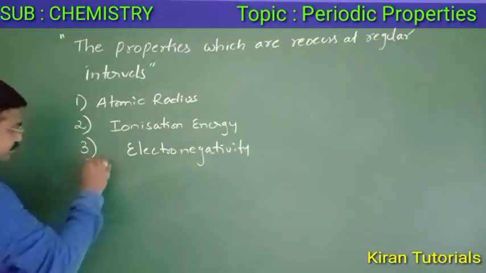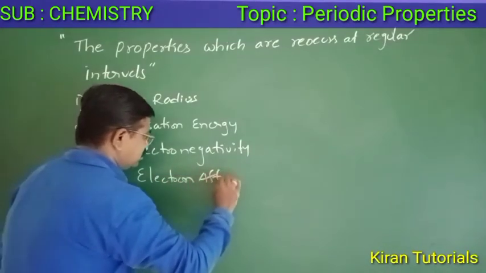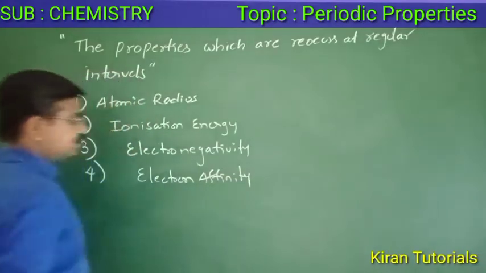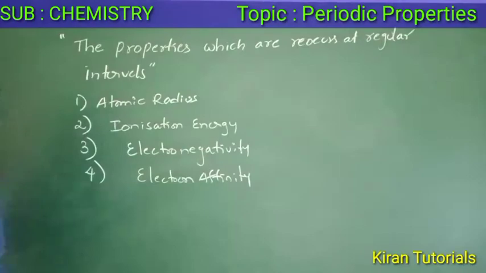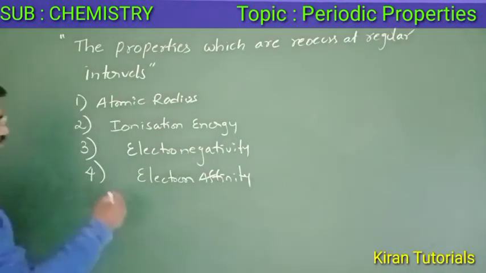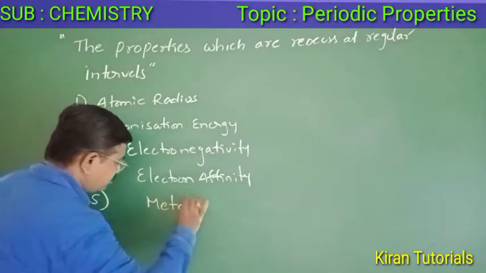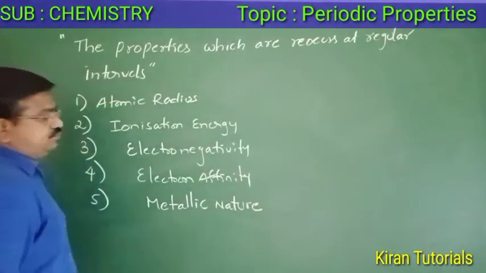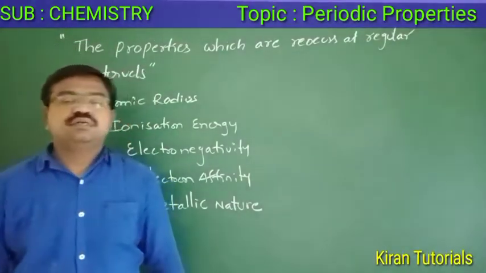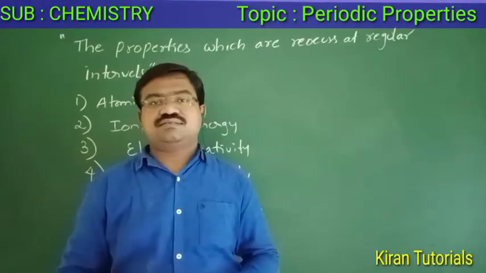And fourth one, electron affinity. It is also called electron gain enthalpy. And fifth one, metallic nature. Okay, so these are some periodic properties.